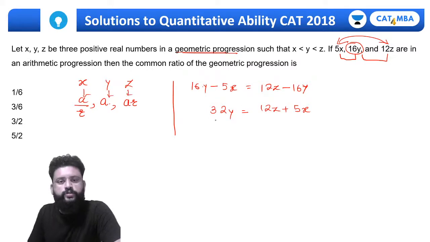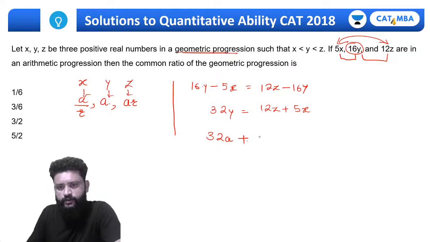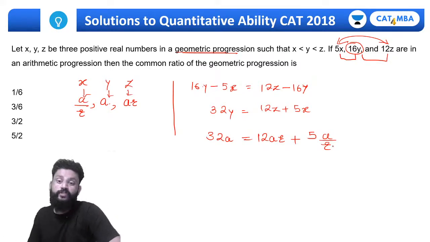So y is a, this is 32a, equal to 12 into a into r, plus 5 into a upon r. So this is the trick to solve this geometric progression.